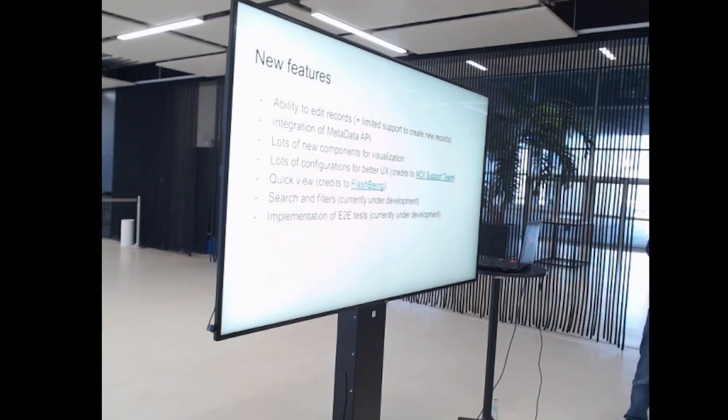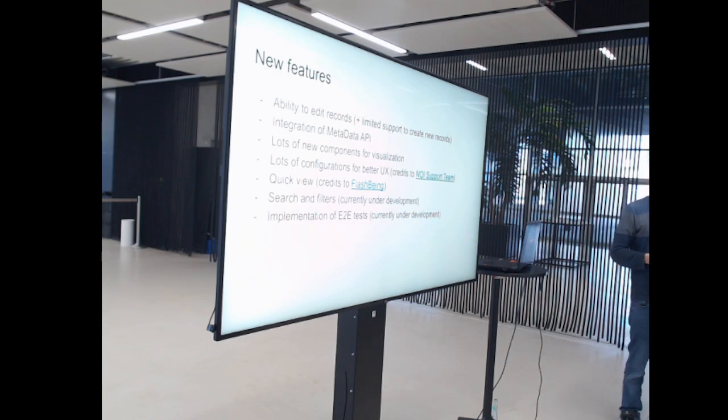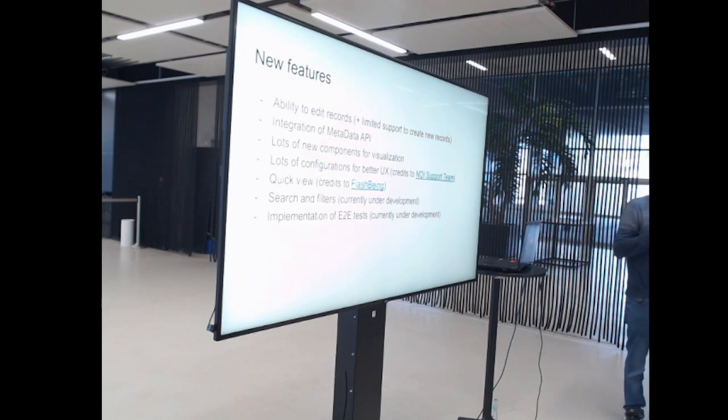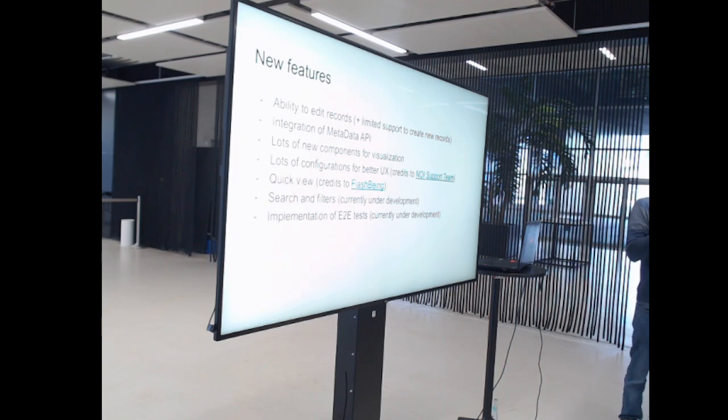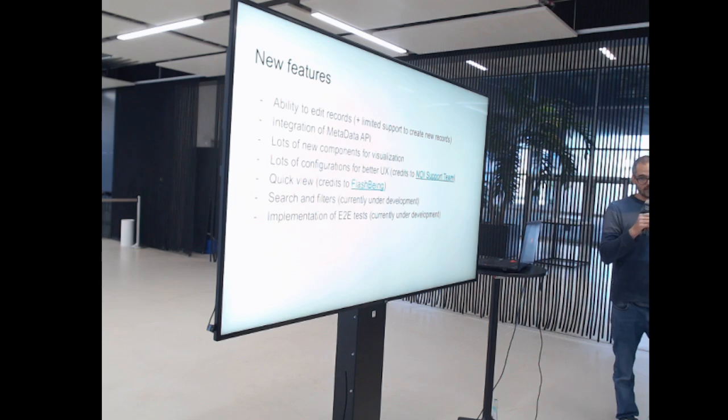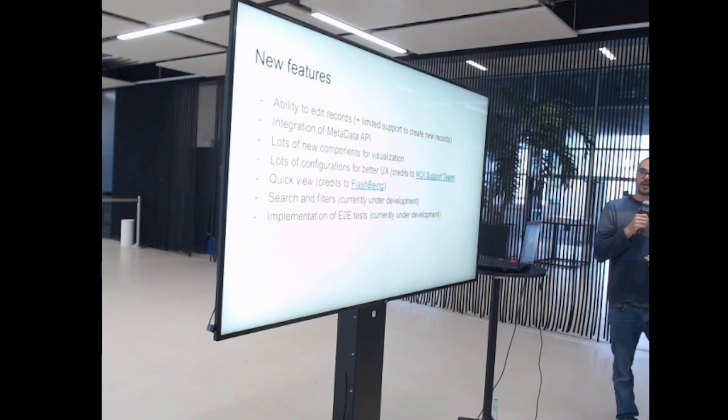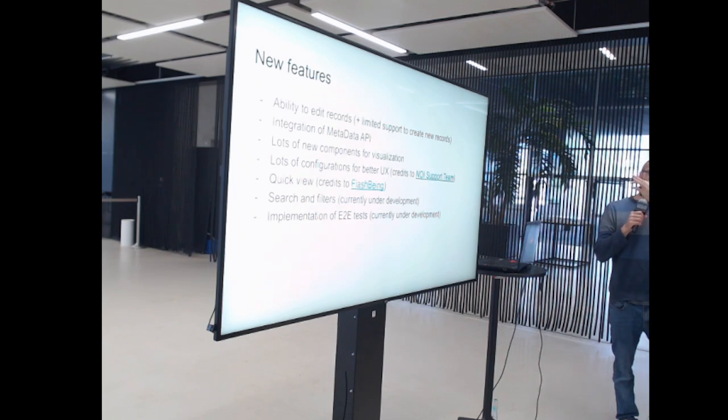Another big feature is the integration of the metadata API. The metadata API is a data set inside the Open Data Hub itself, and it provides metadata over the Open Data Hub. So it provides the interesting information that you see, for example, in the overview pages. This information is stored inside the metadata API, or metadata data set. And we generate the overviews, the lists, the descriptions, and a lot of stuff out of this metadata API.